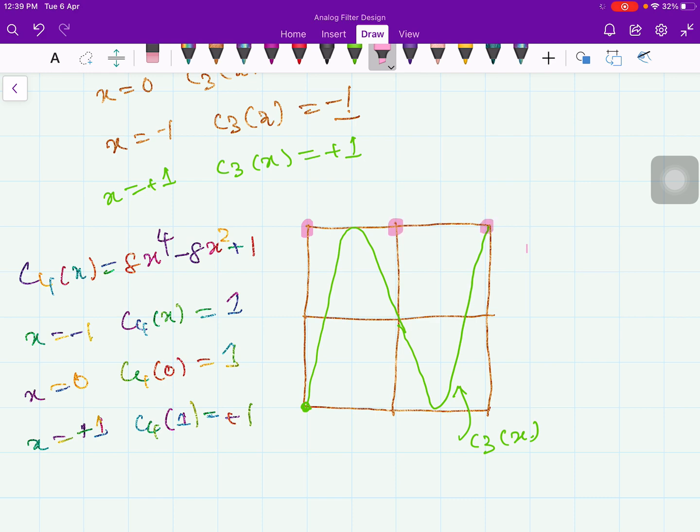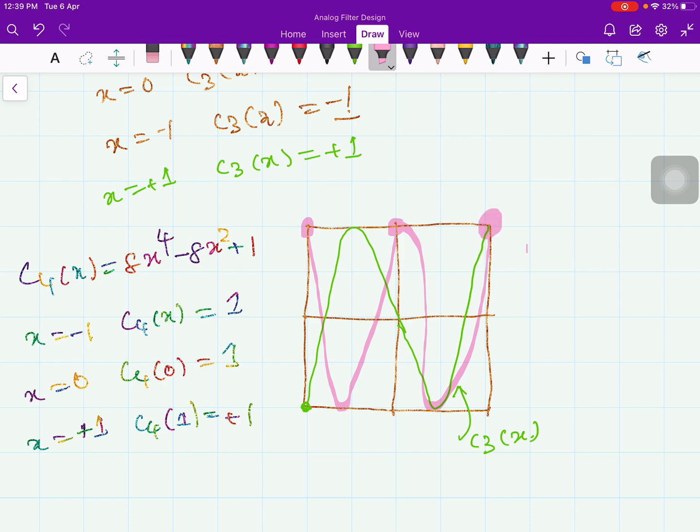Therefore in between there is a minima. So C4 of x starts from here, goes down and comes like this. Color is not that great. Then it comes down and again comes like this.